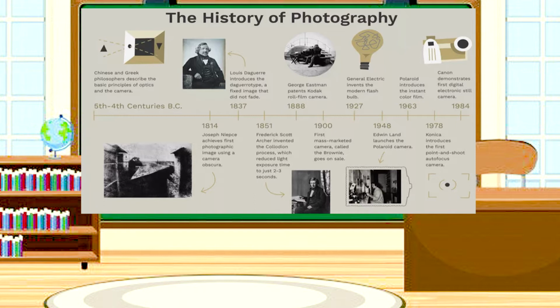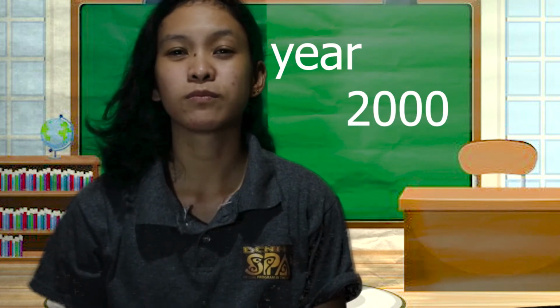From the 5th to 4th centuries BC, where the Chinese and Greek philosophers described the basic principles of optics in the camera, until the year 1984, where Canon demonstrated the first digital electronic still camera. And by the year 2000, the first camera phone was invented.